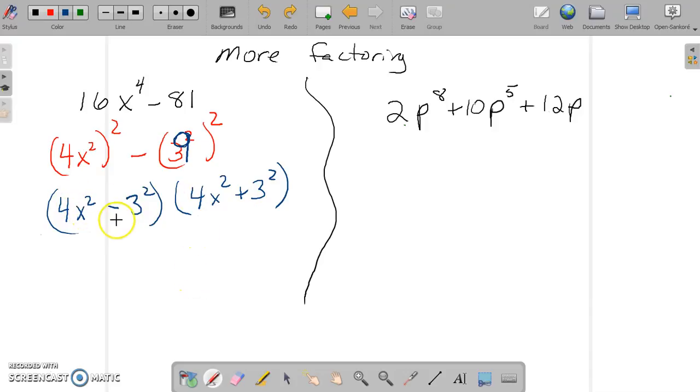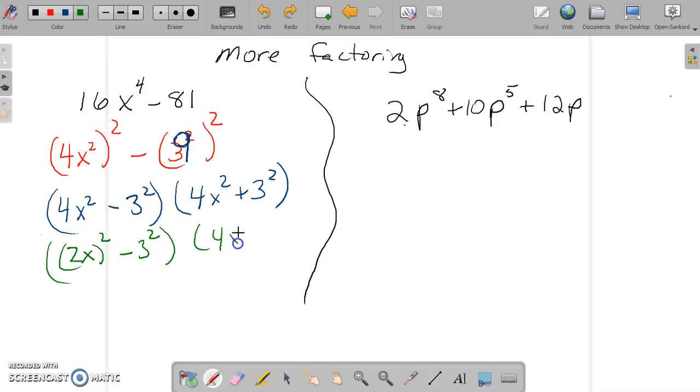Now notice this is done right here, but you still have the difference of two perfect squares here. I'm going to rewrite this as 2x squared, like that, minus 3 squared.